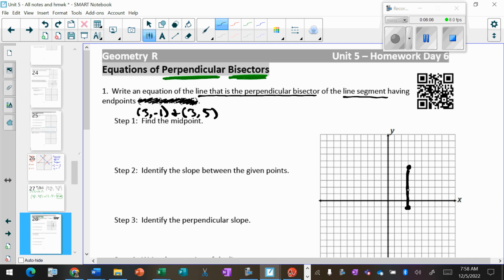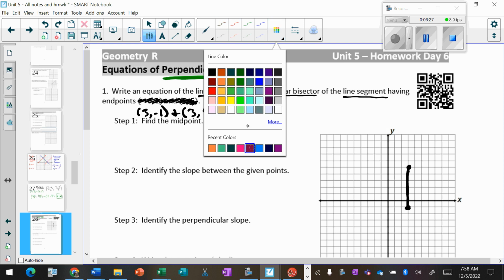Now you may be able to do this on your graph without a lot of extra work, but I'm going to show you all the steps so when you get into a different situation, maybe a situation where you wouldn't have a graph, or maybe a situation that is not vertical or horizontal, you'll have the proper accurate steps, an example of how to do each step. So first things first.